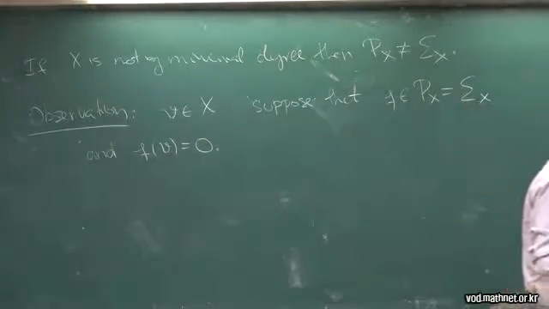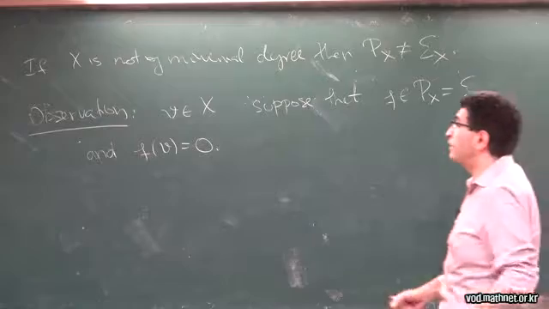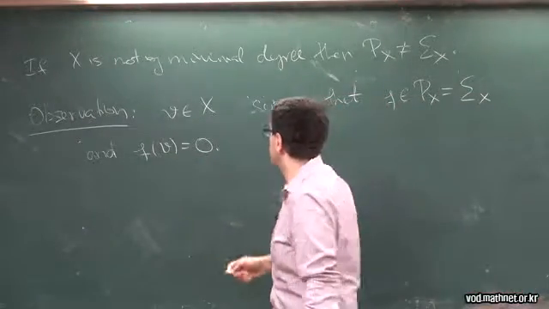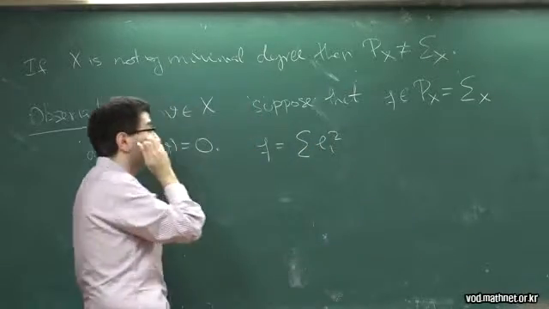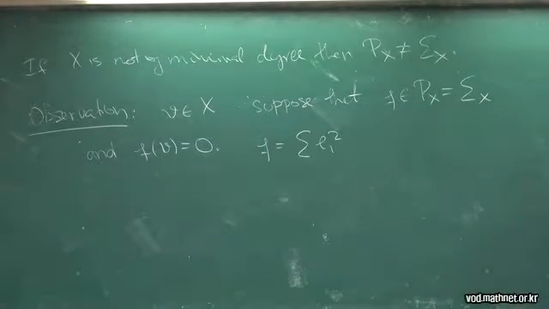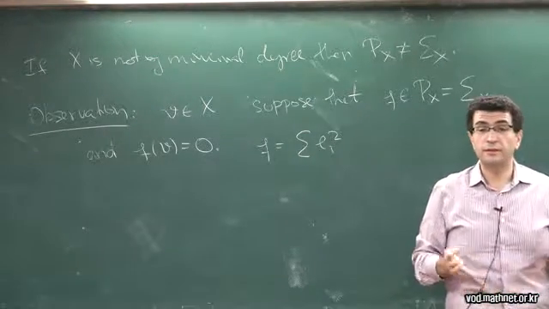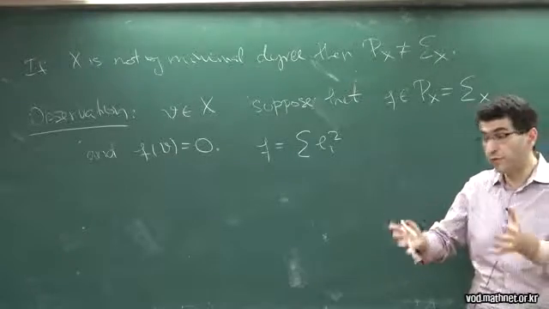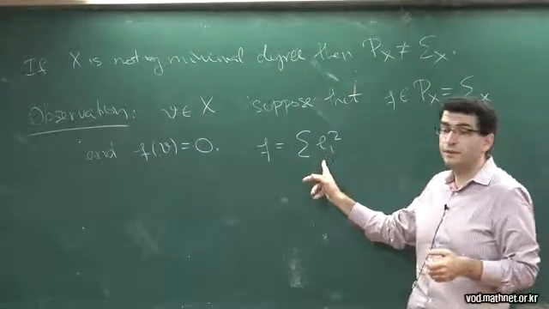So we have a non-negative polynomial, but because non-negative polynomials are equal to sums of squares, it is also a sum of squares, and it happens to be 0 at a point. Right? So I know that I can write F as the sum of Li squared, where the Li's are linear forms. So what can I say about every Li at V?